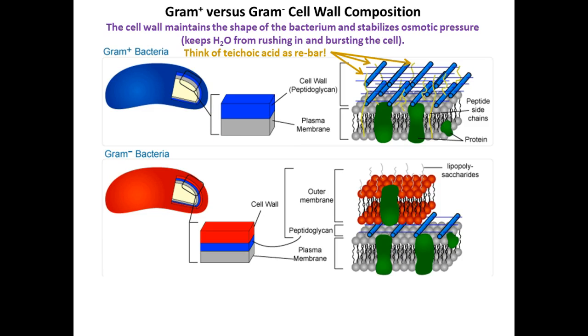They get stained by the counterstain which we use, which is safranin. So in the process, they're going to get decolorized. Right? We're going to remove the crystal violet from them, and then they're going to get stained again with the safranin, which is a red dye. But because in order to remove the crystal violet iodine, we're going to damage the cell membrane and wall of these cells, they won't retain a lot of that red dye, and so instead they're going to look pink.